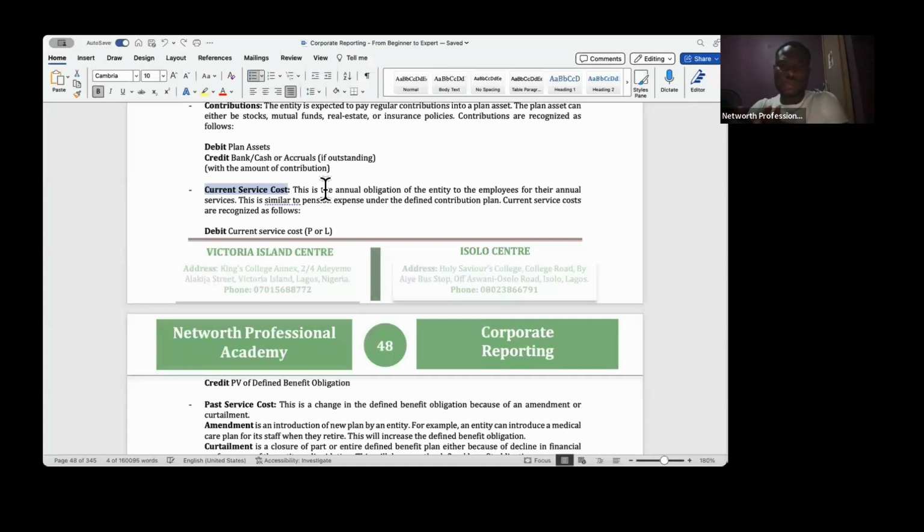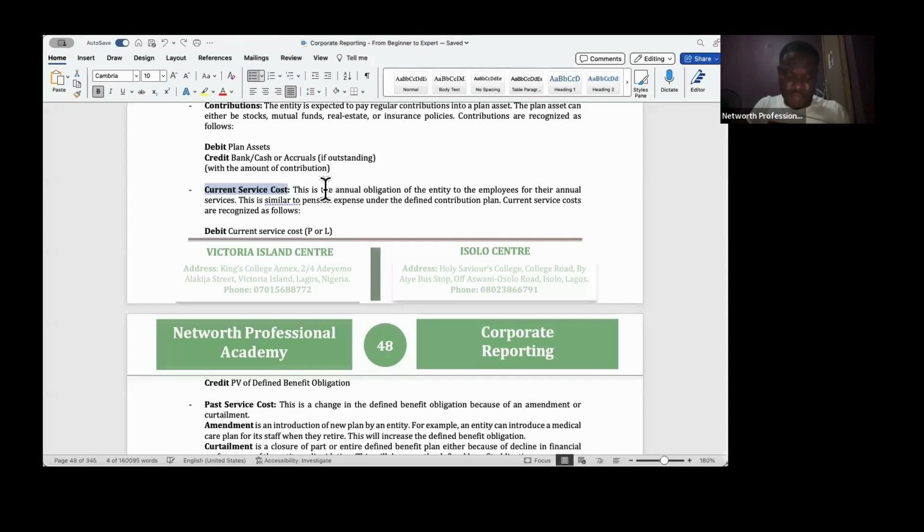It means that the actuary does it in such a way that every year the employee works for the employer, it's like the employee has created a benefit for himself in the future. Every year the employee works, the employer's obligation increases.